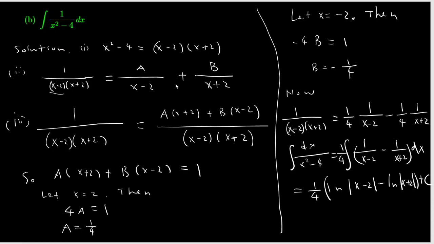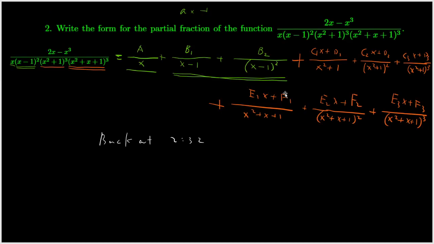In many cases, it's not. It could be a little tedious. But the main thing is partial fraction decomposition. After writing the form of partial fraction decomposition, it's always possible to determine the constants.